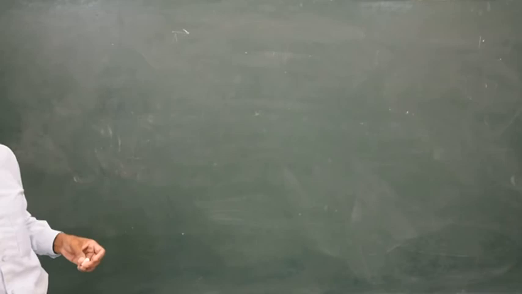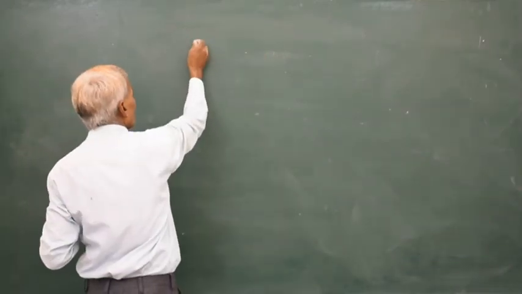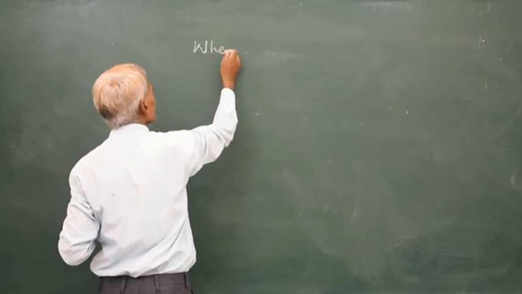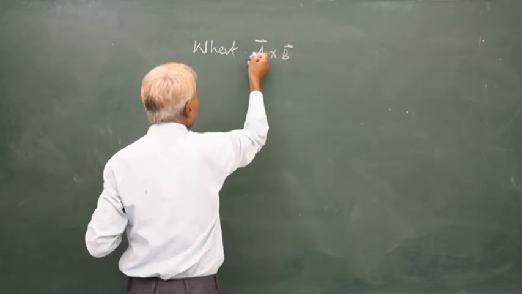Now, a simple question related to these points. What does A cross B represent?